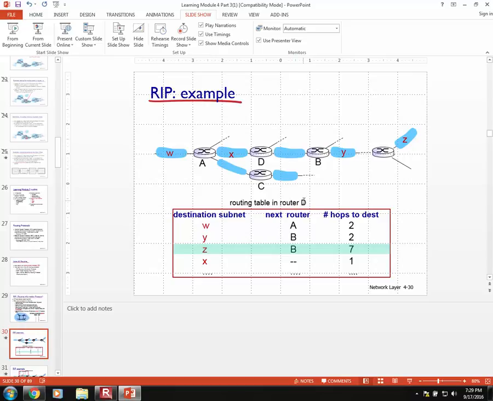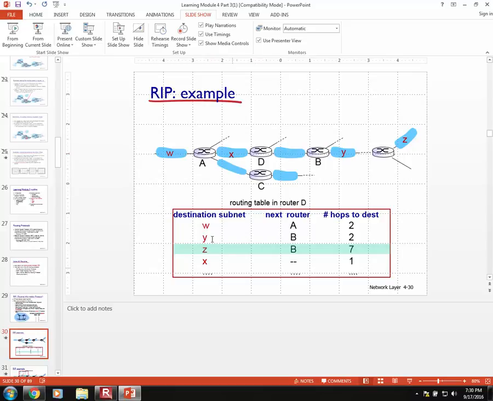The ones we're concerned about are W, X, Y, and Z. We know that destination W, basically the way this is set up, can be reached. And I guess in this example, C and D are not connected to each other. But W's next hop router is A, and there are 2 hops to the destination because you have to go through your initial router plus the second router, so that's your 2 hops.